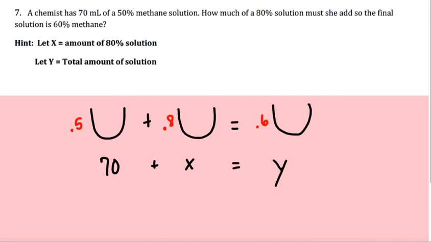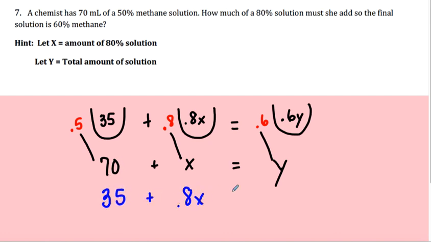Again, mix means multiply all of those to get my new equation. So 0.5 times 70 gives me 35, 0.8x, and then 0.6y. So my second equation is 35 plus 0.8x equals 0.6y.